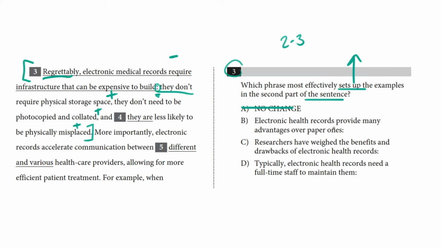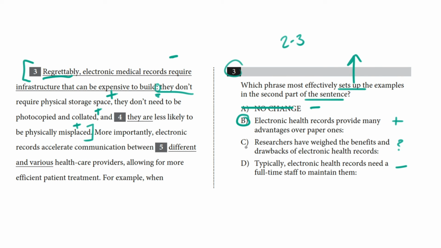Choice B, electronic health records provide many advantages over paper ones. That's positive. Researchers have weighed the benefits and drawbacks of electronic health records. That is neither negative nor positive, that's neutral. Typically, electronic health records need a full-time staff to maintain them. That is a drawback of electronic records. I'm going to say that's negative. So we've got one negative, one positive, one neutral, and one negative.